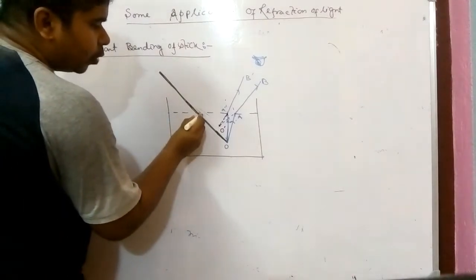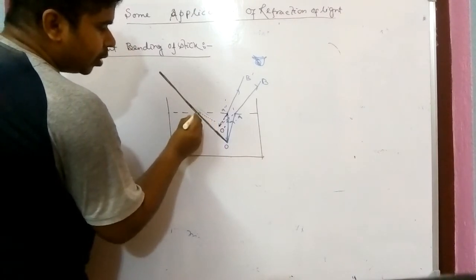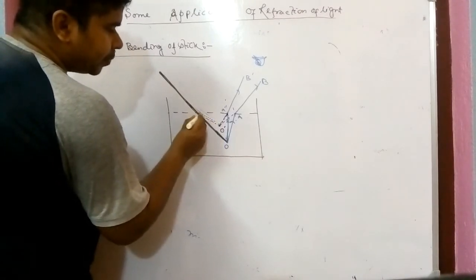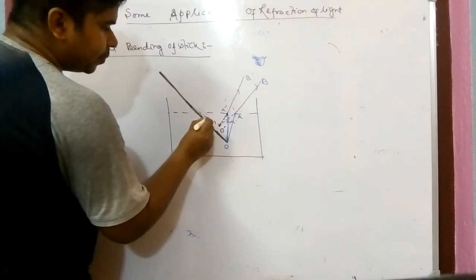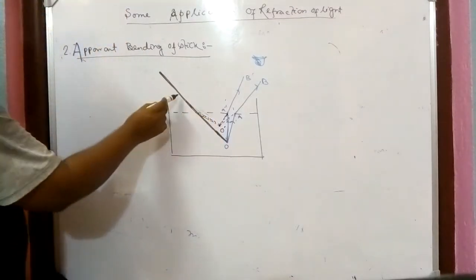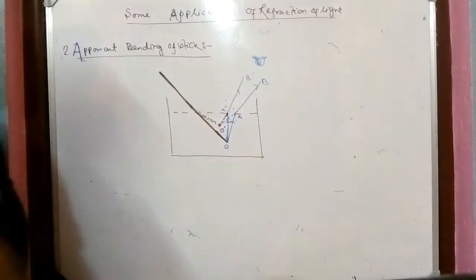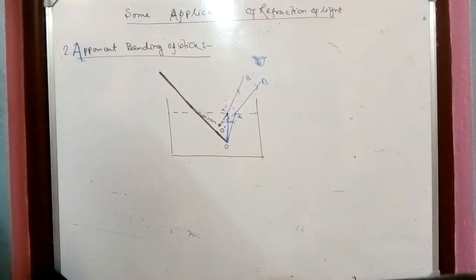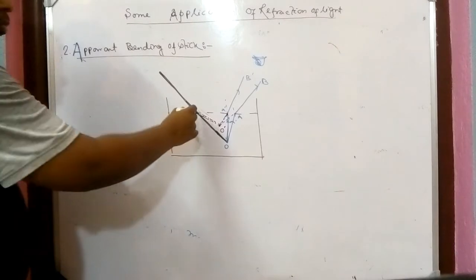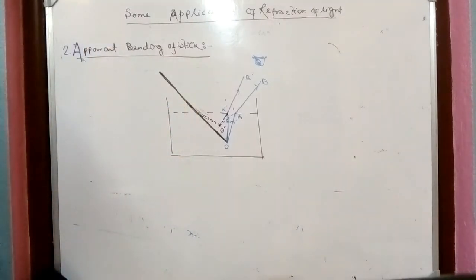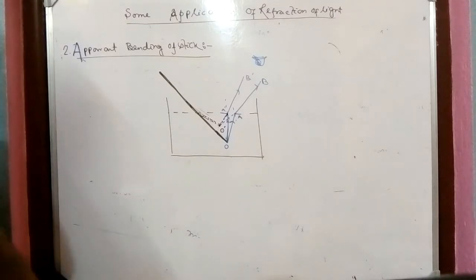If we draw that apparent position, it seems to be like this. So that is the real stick, but whenever we see it from a height, it seems to be breaking from the point where it enters the water. Okay, that is an illusion of our eye, but exactly the stick or the pencil, whatever it may be, is not broken. That occurs due to the refraction of light.